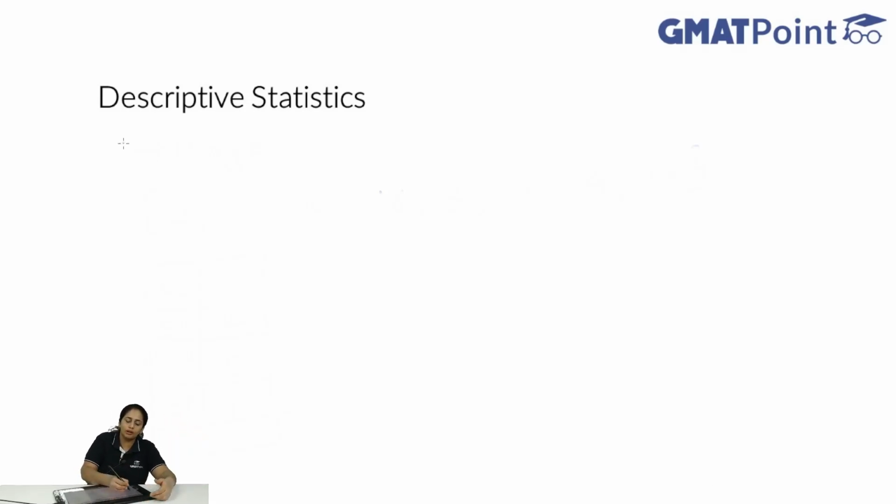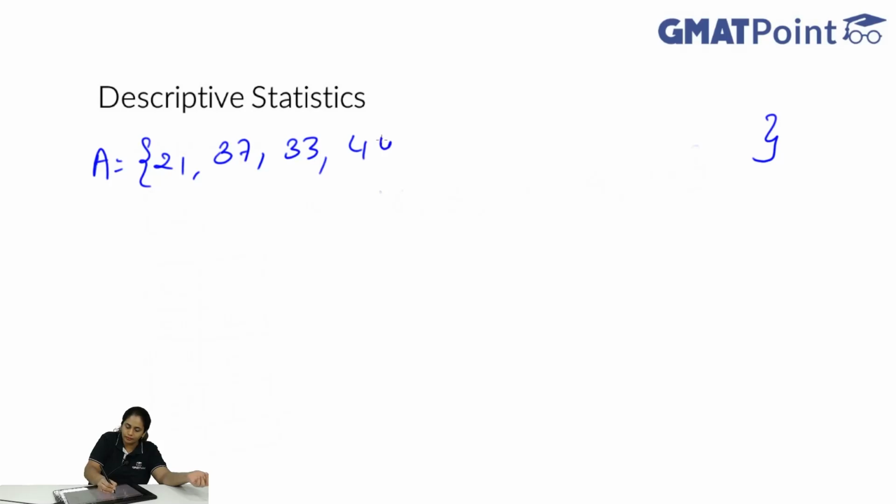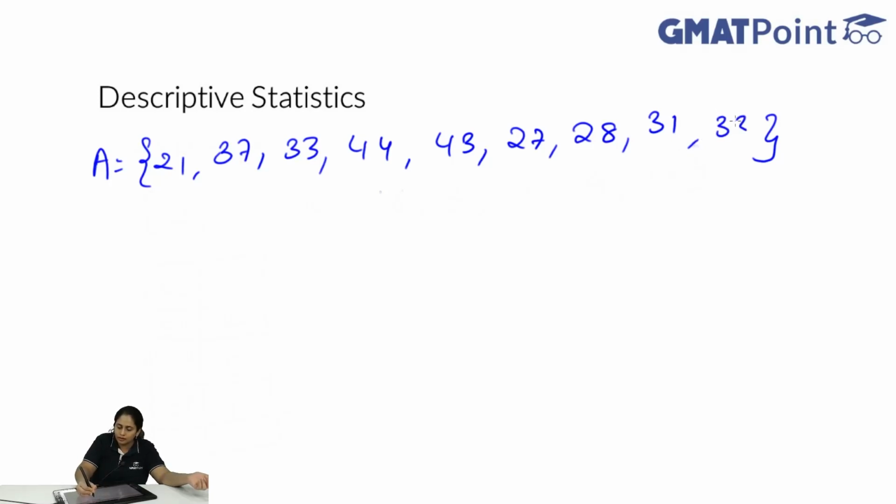So, for example, the ages of all people who are working in a company. You will have a set A of values which are the ages of everyone working in the company. Say there are 4, 8, 9 people working there.